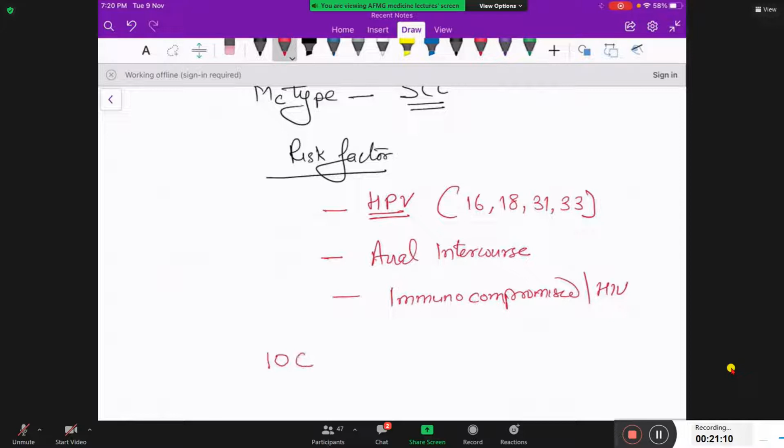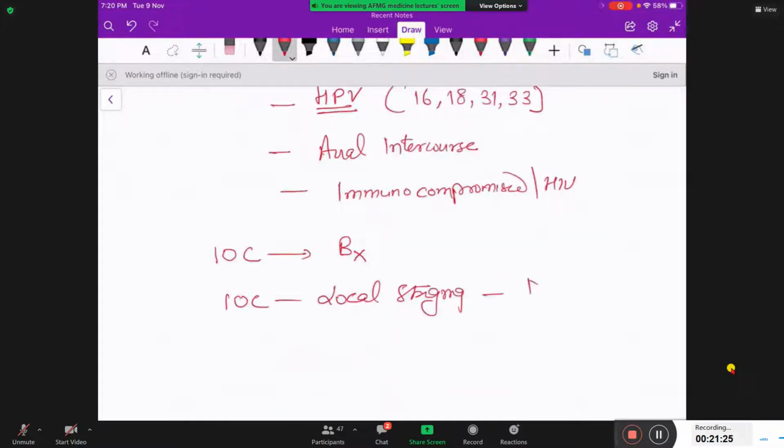Investigation of choice is biopsy. Investigation of choice for local staging, if asked, is MRI.